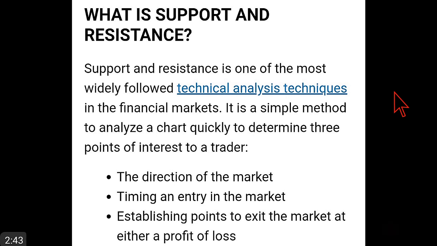If you really want to be very good at technical analysis, you need to understand what support and resistance is on a price chart. Before I go into this in depth, I want you to have a basic understanding.